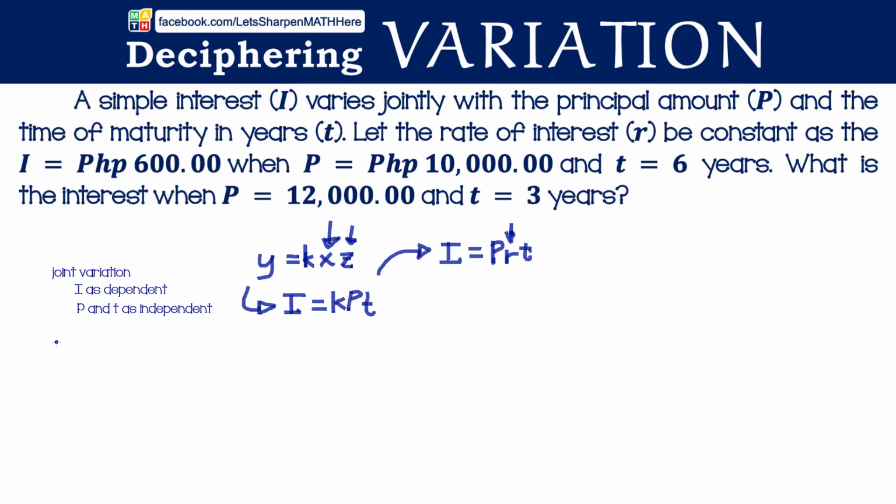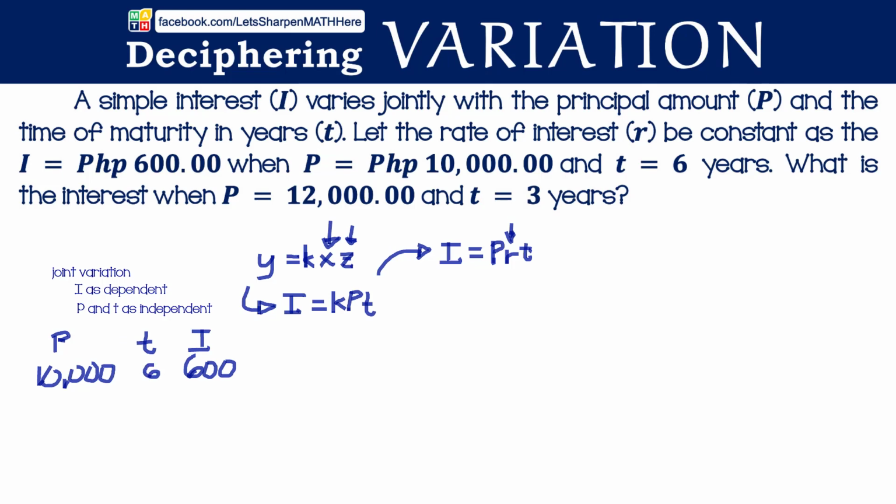So here, let us try to place our values. We would have P, R, or sorry, that's not R, that's T, because R would be K here. And we'll have here interest, so that I is our dependent variable depending on the values here. The first given is that interest is 600 pesos, without the units first, when the principal amount is 10,000 and the time is given as 6 years.